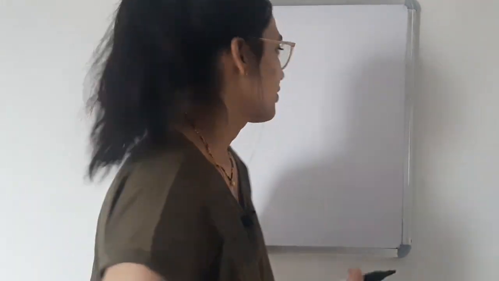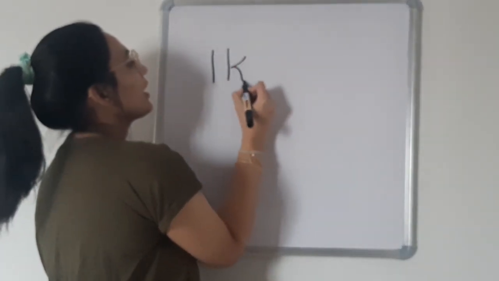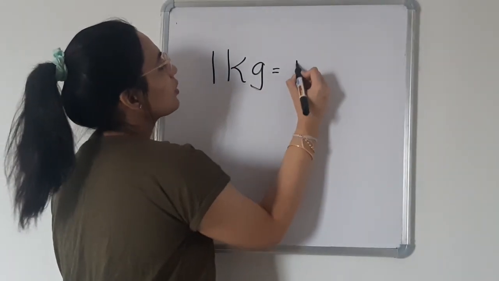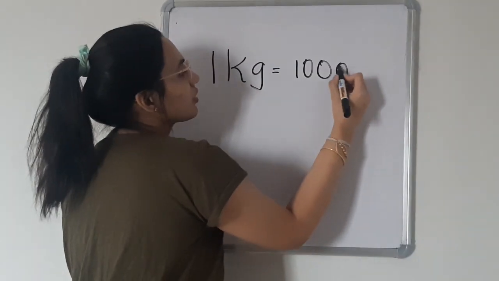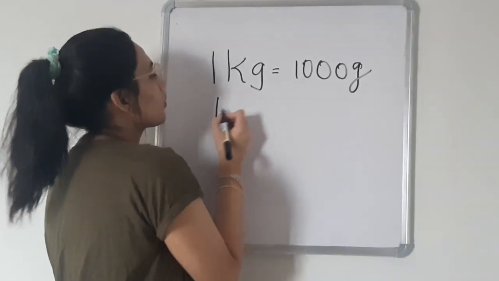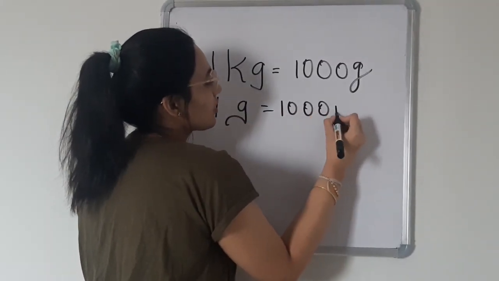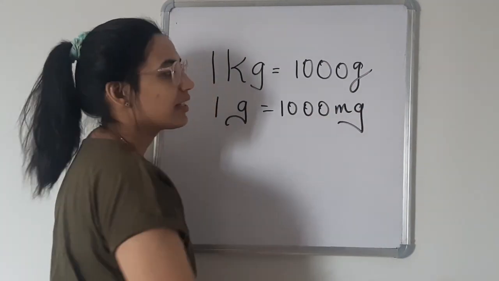Now let's see how to do the same conversion in quantities, that is grams. So we know that 1 kg is equal to 1000 grams. Right. So 1 gram is 1000 milligrams.